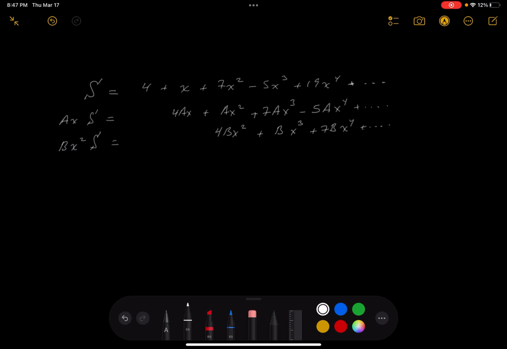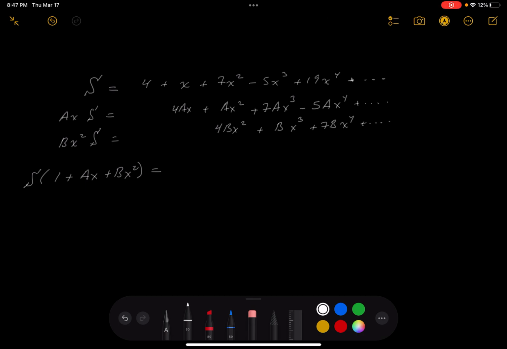All right? So let's add it together. What do you get? You're going to get S equals 1 plus AX plus BX squared is equal, well, you get 4.